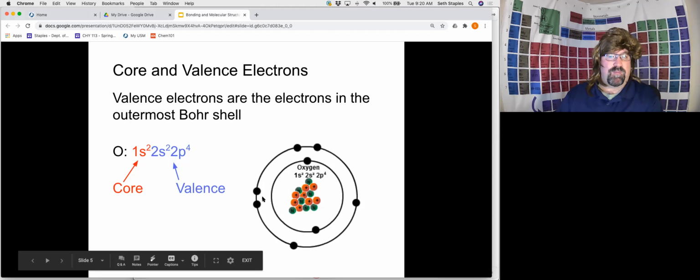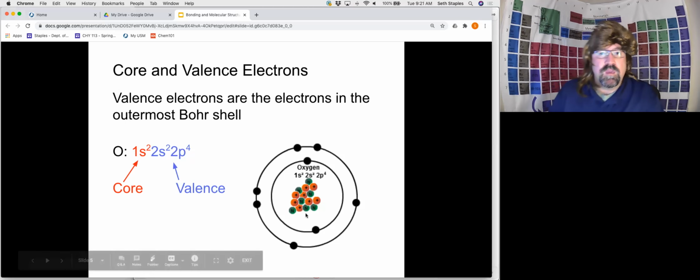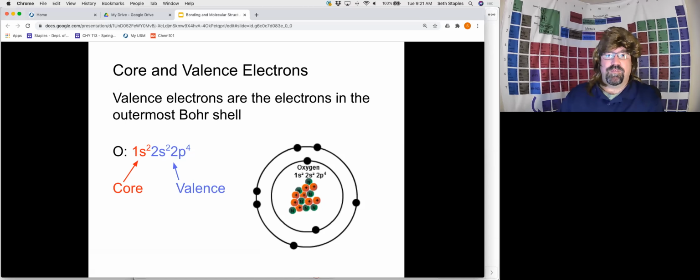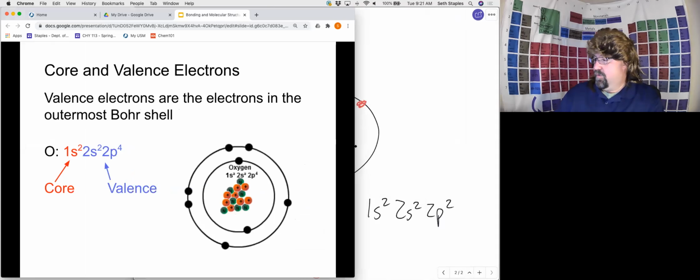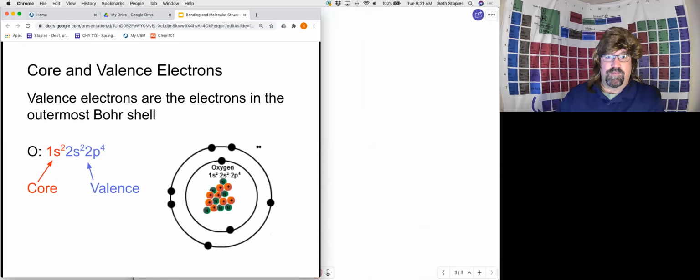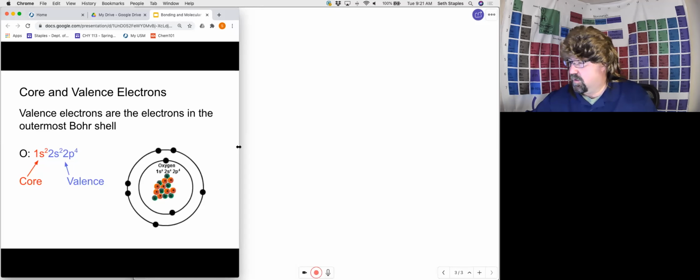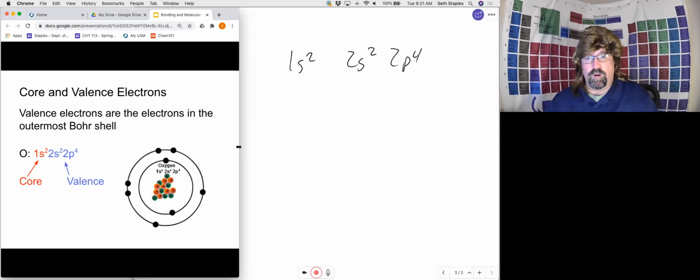We'll talk about some of this pairing up versus non-pairing up in a little bit. That's definitely part of what we talk about. But actually, we can talk about that right now. Let's just take a look at where that comes from. So remember box diagrams. We have our electron configuration here for oxygen: 1s2, 2s2, 2p4.